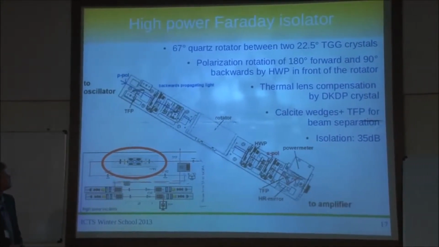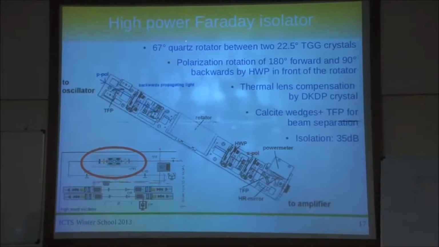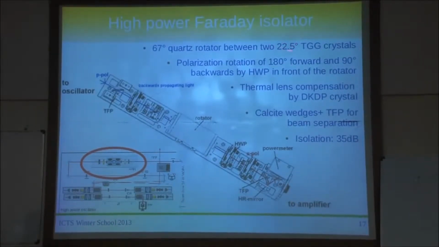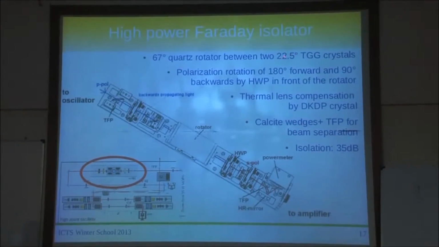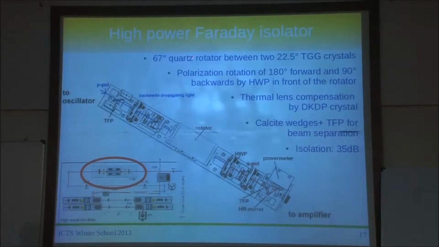And it works in a way that in one direction you have to subtract these 2 times 22.5 degrees, so 45 degrees, and the other way you have to add it. So you end up with a rotation of 22 degrees in one direction and 112 degrees in the other direction.